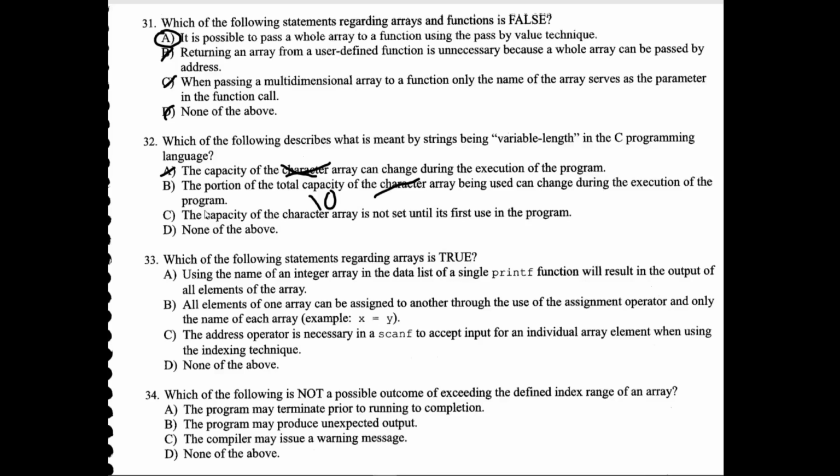Or even if it's an integer array or a different type of array, you don't have to use the entire array. So B is going to be true. And that is what variable length means: that array can be a string that is 10 characters long or 20 characters long, as long as the size of the array is greater than the length that you're using.